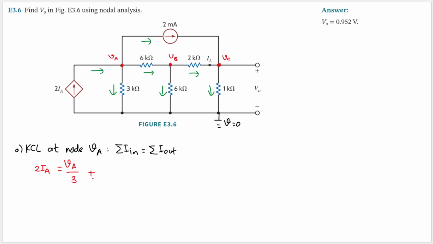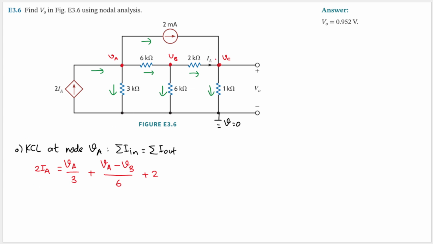And then we will have plus this current here, which will be VA minus VB divided by 6. And then this current here is exactly 2 milliampere. So we'll have 2 milliampere here. Okay, the problem here is we have 2IA.